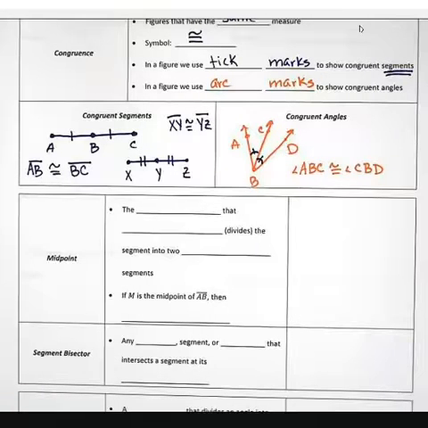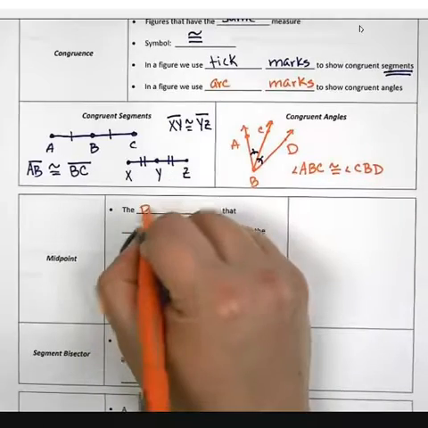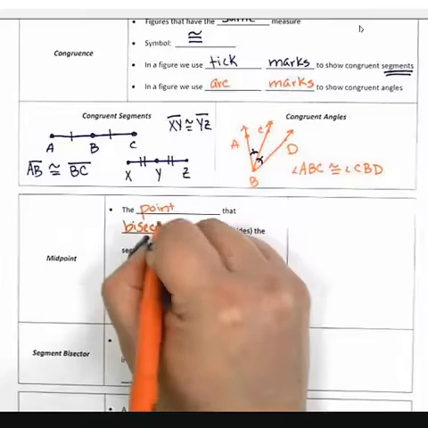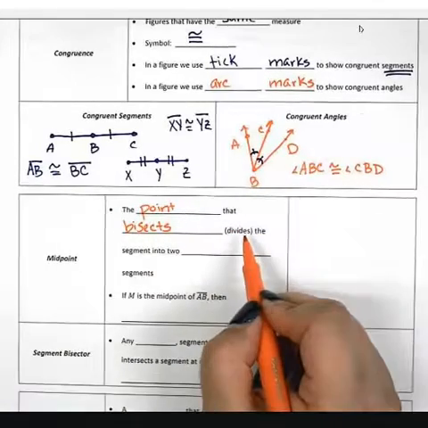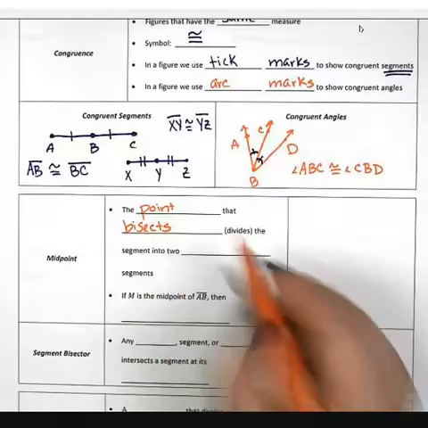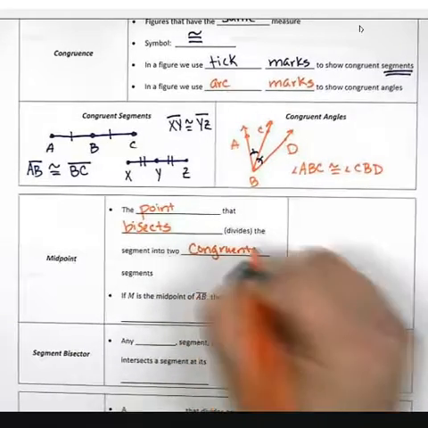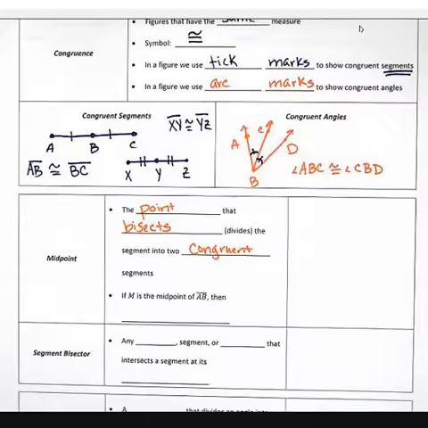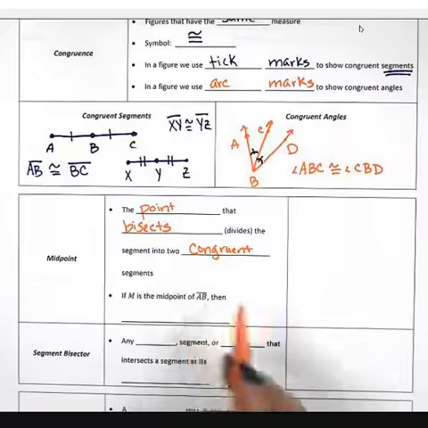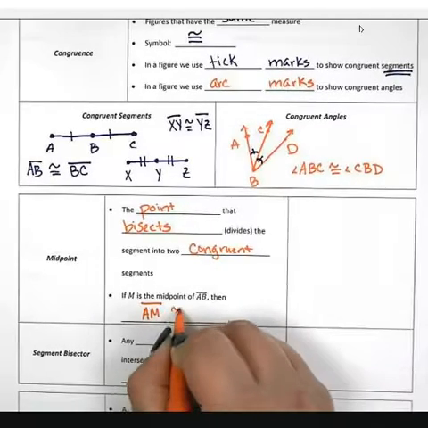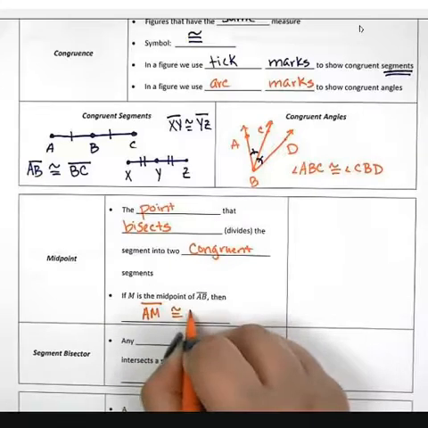So let's talk about a midpoint. So the point that bisects or divides a segment into two congruent segments. If M is the midpoint of segment AB, then segment AM is congruent to segment MB.